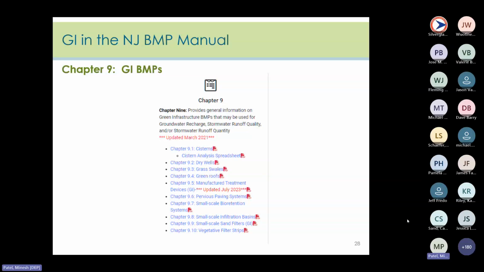And a note here, not all MTDs are considered green infrastructure, but the ones that are considered are included here in Chapter 9. These MTDs have a vegetative or soil component that meet the GI definition. And lastly, these small-scale systems listed here have a limited drainage area that they can treat compared to other BMPs.